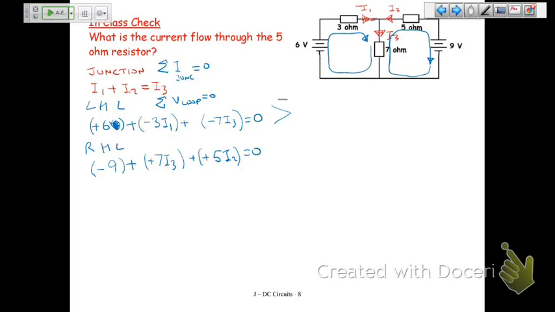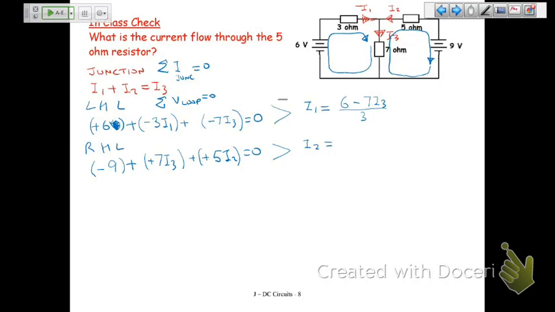So this takes me across to here. And I'm going to isolate I1. So I say I1 is equal to, take that to the side, 6 minus 7 I3 over 3. I just isolated I1. And then on this guy, let's isolate I2 now. So I2 is equal to, isn't that -6?